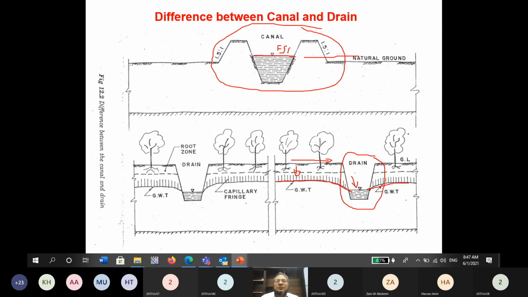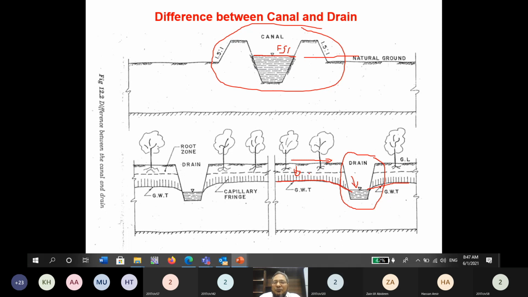Number one. Number two, where is their full supply level? Above the adjacent ground. Where should the full supply level of the drain be? Below the surface. Much below the ground surface.